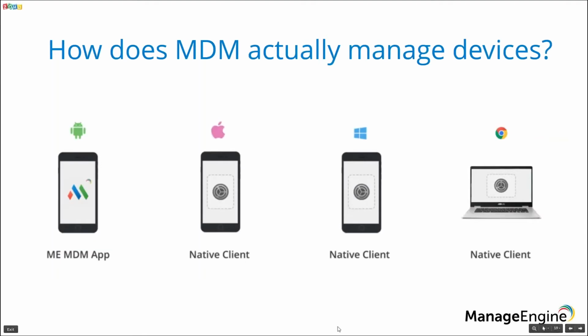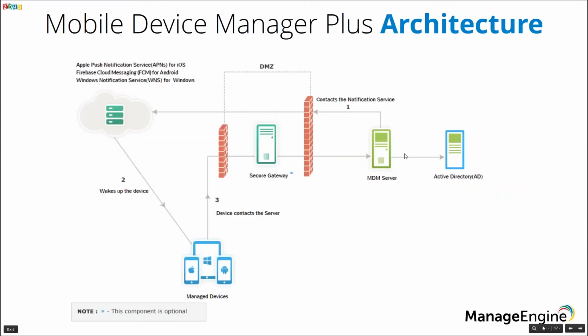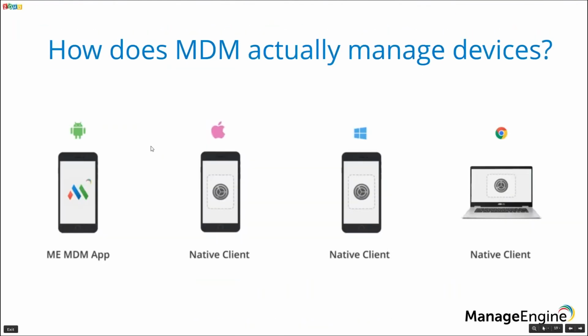All right. So as we saw, this architecture follows the client and server model. A command will be initiated from the server, and the notification service will wake up the device, which will process that information. When it comes to managing the end device, you need to have the MDM app on the Android device especially.